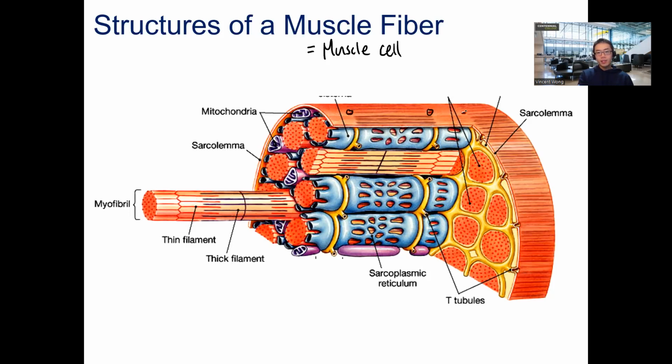You see these openings, right? That is connected to all these T tubules. And the sarcoplasmic reticulum, once again, contains calcium. Here is a myofibril, and this whole thing is a sarcomere.